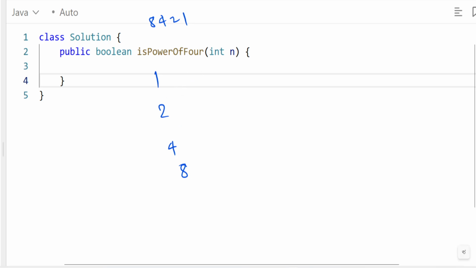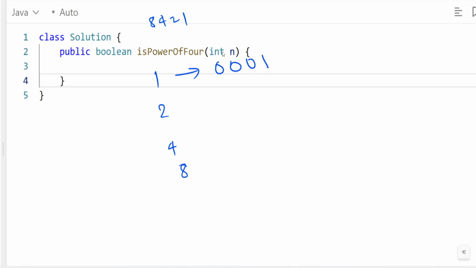If this is 1, we can represent it as 0 0 0 1. Only one bit is there. If you want to represent only one bit, these are the one-bit numbers: 1, 2, 4 and 8. So if only one bit is there, all the others are 0.